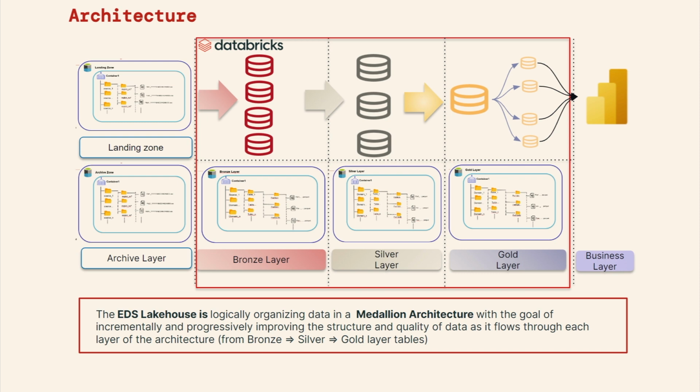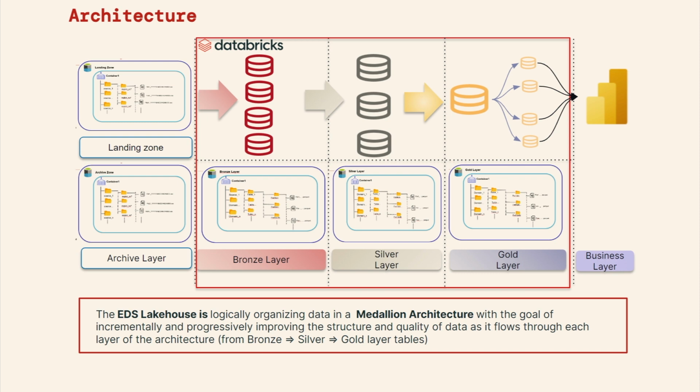So starting from the bronze, where the data are a copy of 1-to-1 with the source system. Then there is the silver layer, where a centralized naming convention is adopted, and data quality checks are performed. And then also in this layer, the data are set to the same format. After that, there is the gold layer.